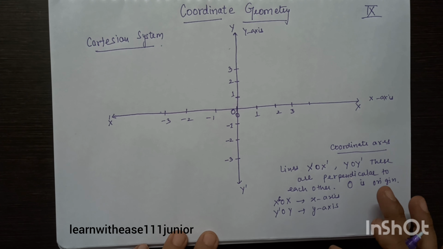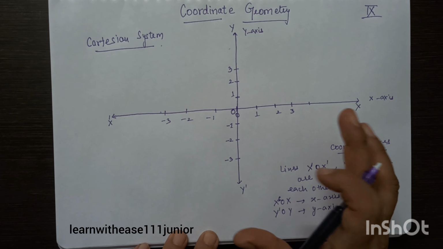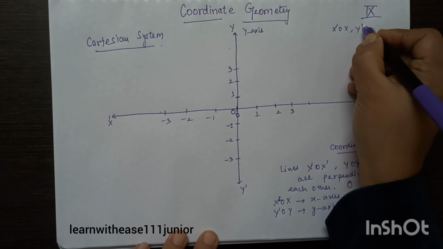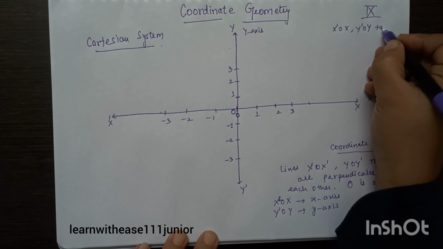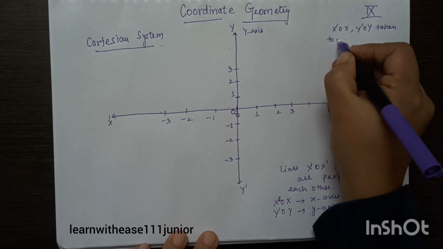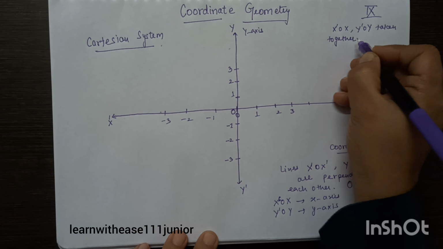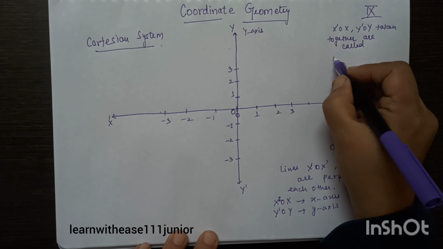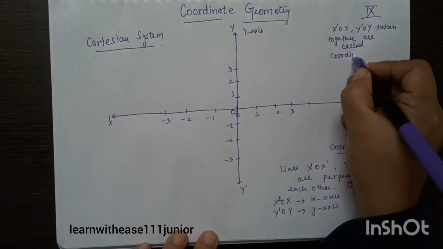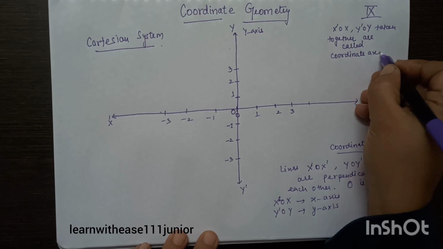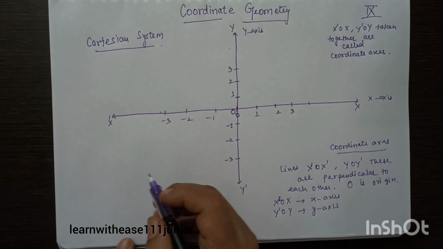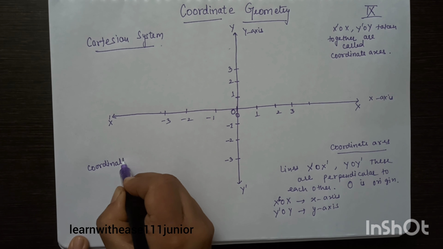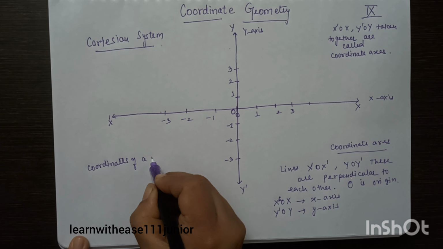O here is origin, and the two lines together, x dash o x and y dash o y together, are called coordinate axis. And coordinates of a point.